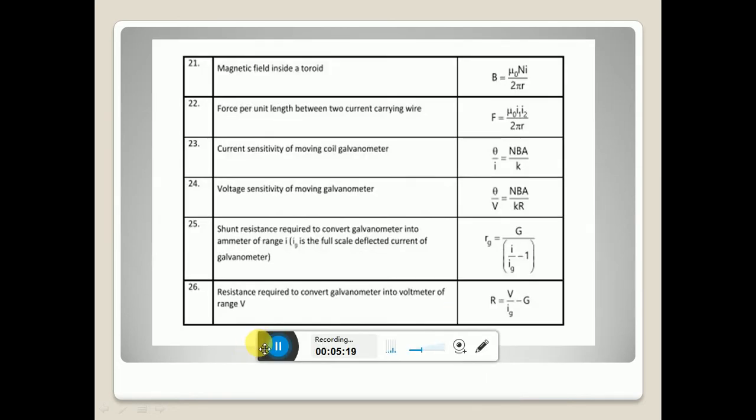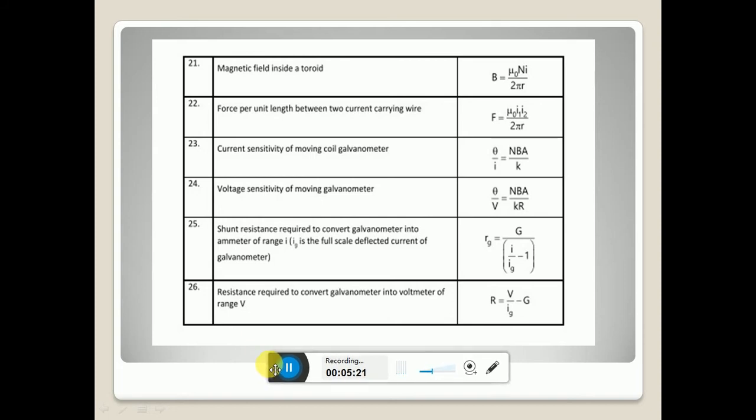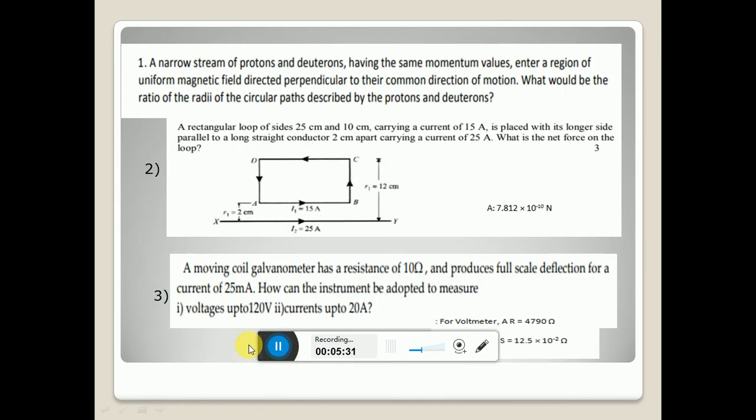Altogether 26 equations are there in this unit. Please go through all these 26 equations before starting the exercise. In this class I have given 15 practice questions. For every question I have given a hint and the answer also. So try to do it on your own.